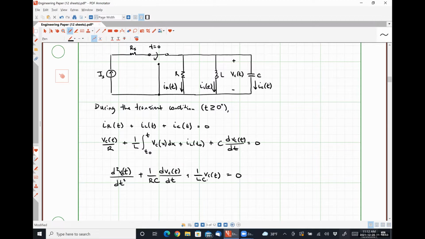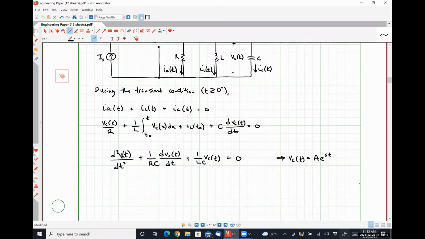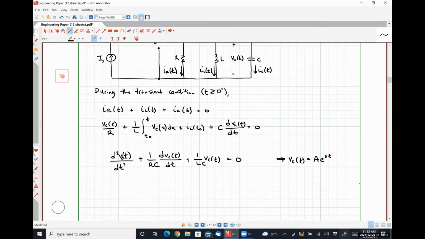So that seems like a pretty good place to start from for here. So if we guess that VC of T is of the form A E to the ST, and we plug that guess into our differential equation, what's going to happen?